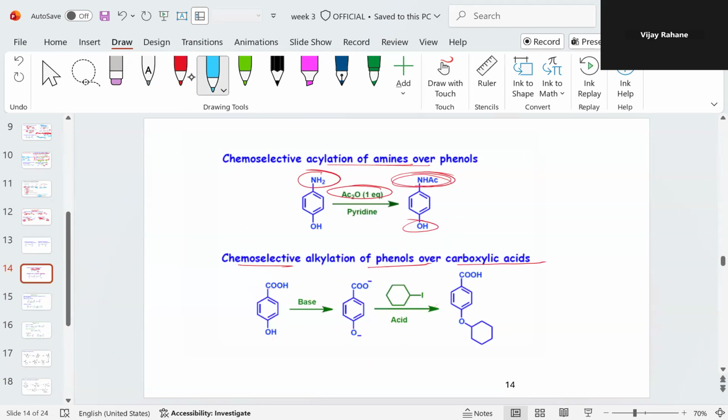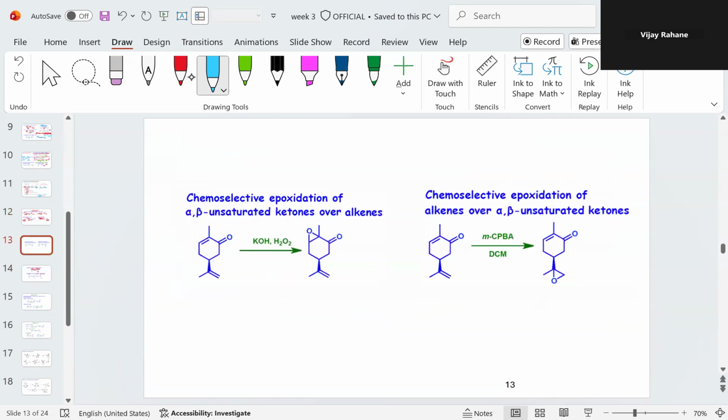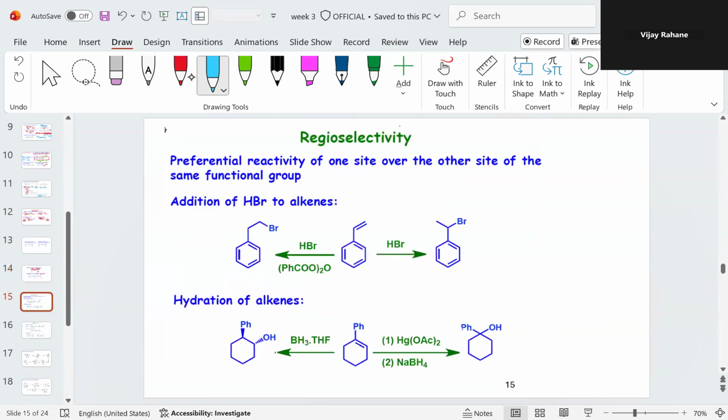Now that is all about what we have discussed on chemoselectivity. We'll see some problems on regioselectivity also. Regioselectivity is the preferential reactivity of one site over the other site of the same functional group.